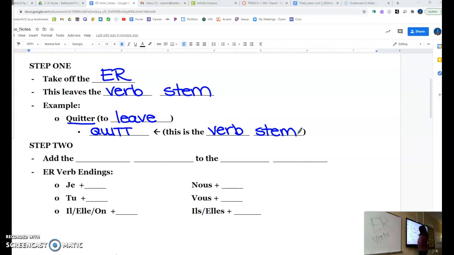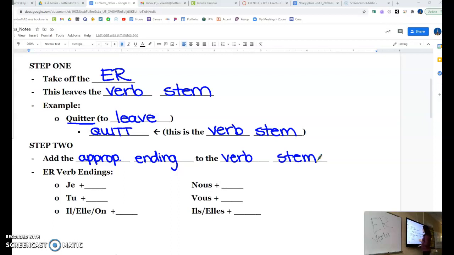In step 2, you need to add the appropriate endings to the verb stem. Okay? Each pronoun or each person you're talking about has an ending that goes with them.